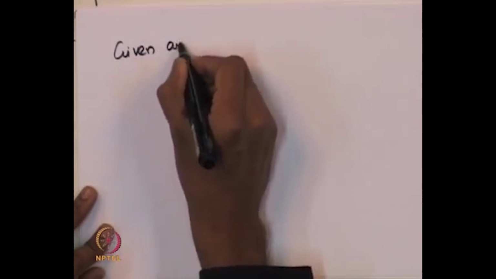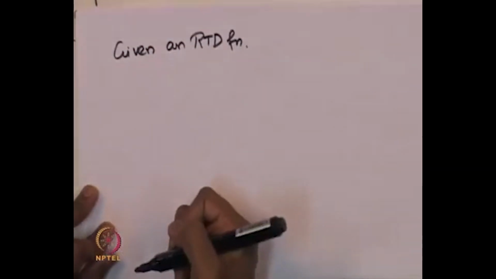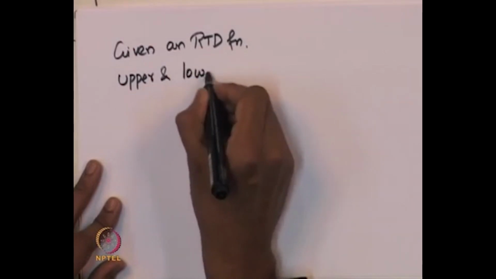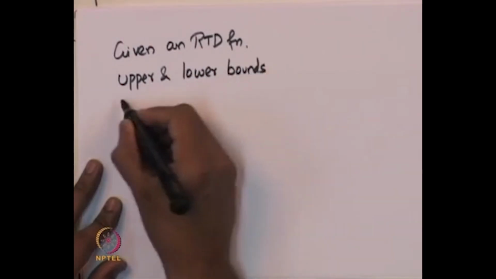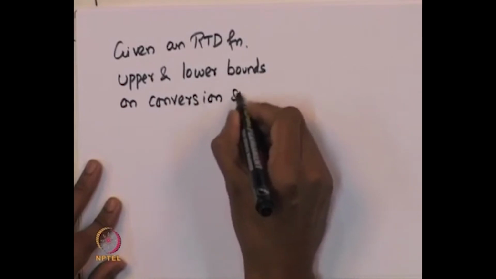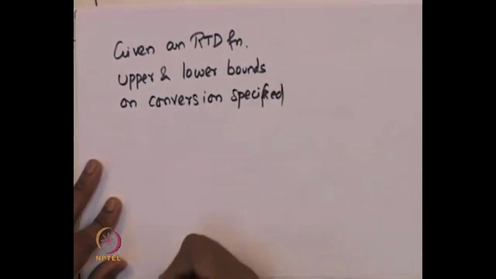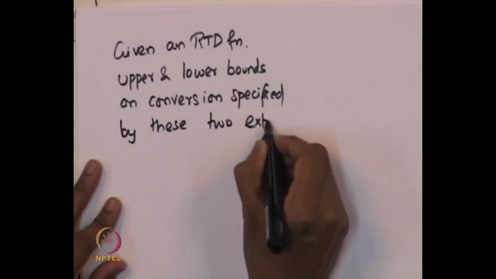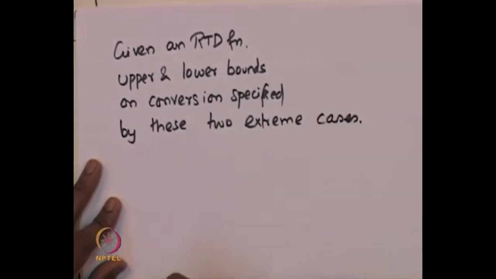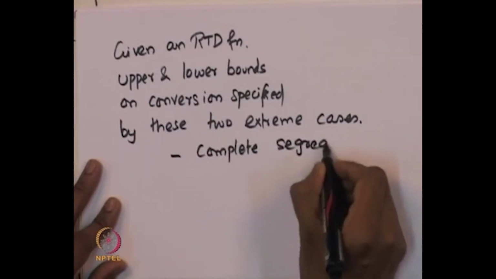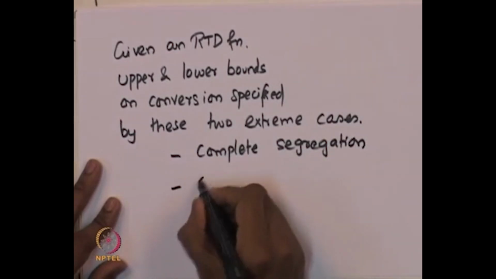So, given an RTD function for a real reactor, the upper and lower bound of conversion are specified by these two extreme cases, complete segregation and complete micro mixing.